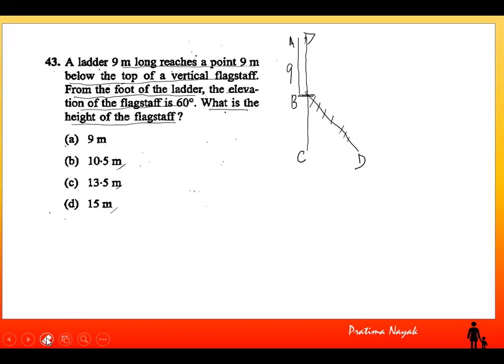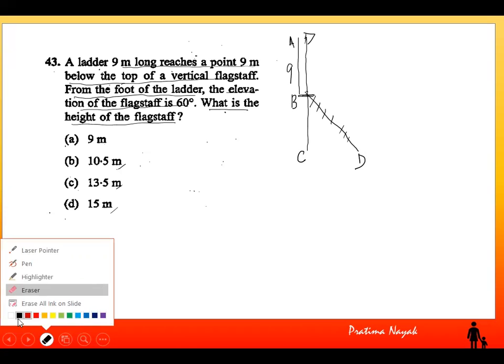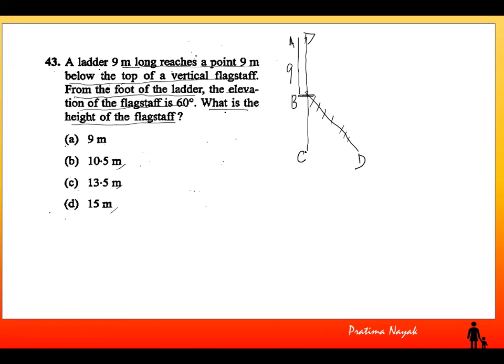It is given that the flagstaff is making an angle of 60 degree with horizontal. At this point, it is making 60 degree. If I join this, angle ADC is 60 degree. Now see ABD.